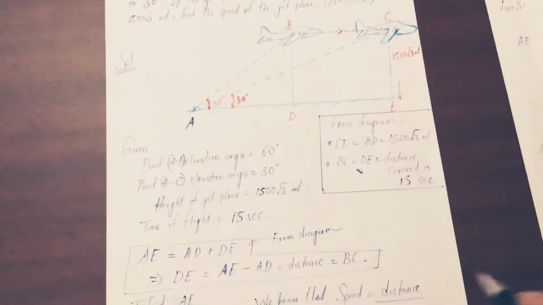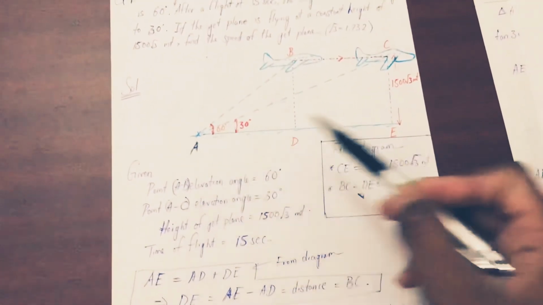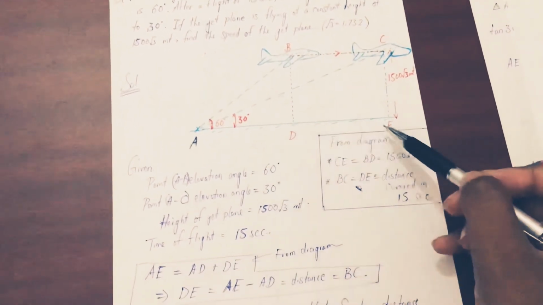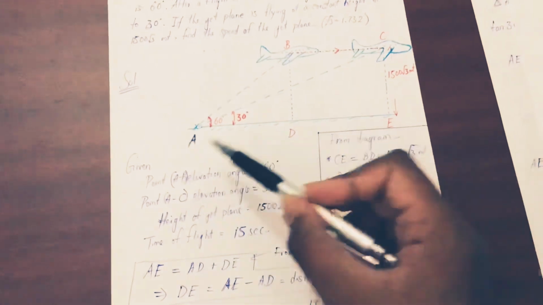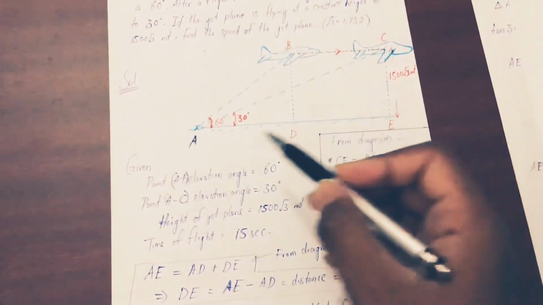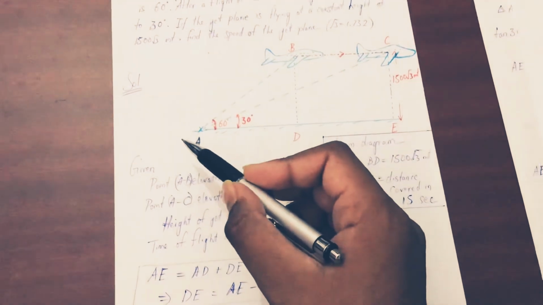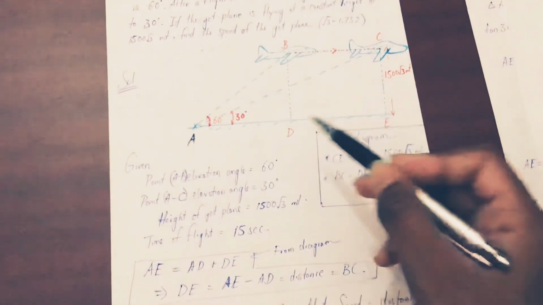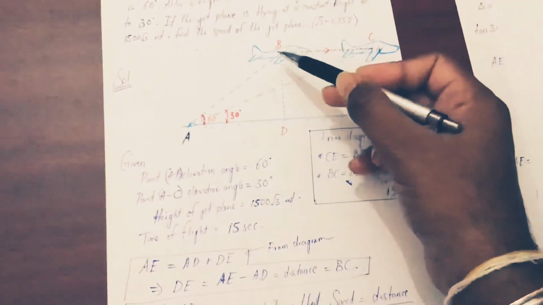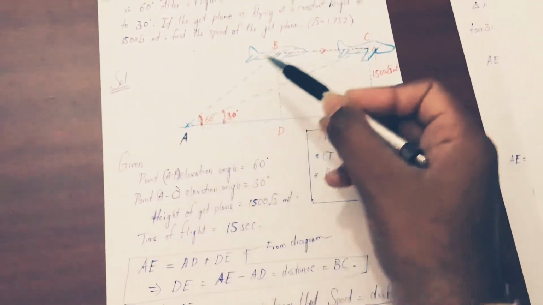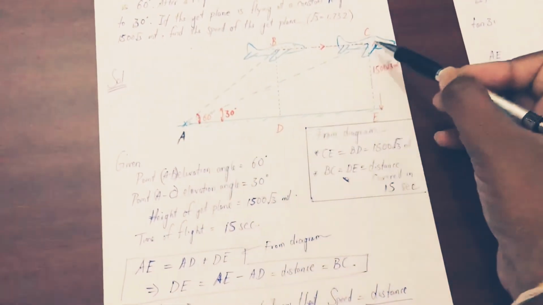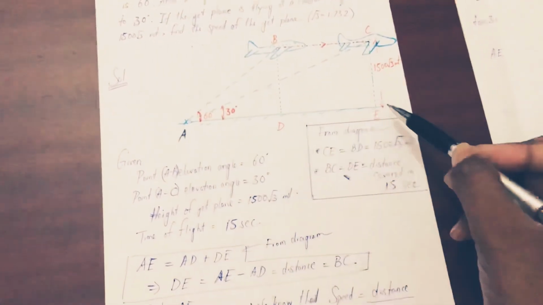We know that AE is equal to AD plus DE. If we can find the AE value first, then we can find the AD value. So if we subtract these two values, then we can find the DE value. DE value is nothing but BC value. You see guys, from triangle ABD we can find the AD value, and from triangle ACE we can find the AE value.